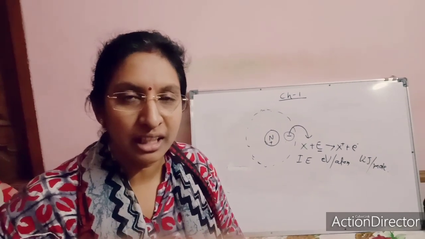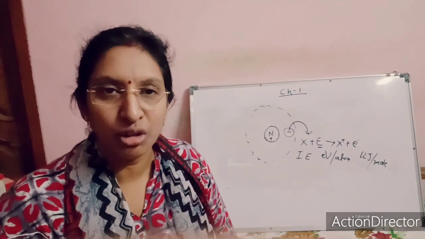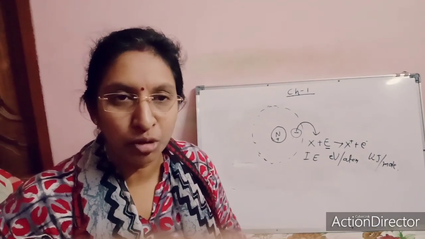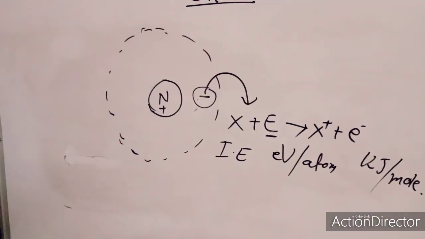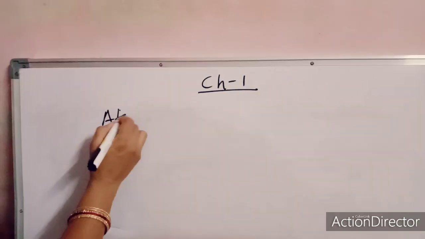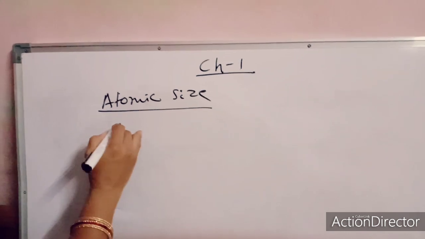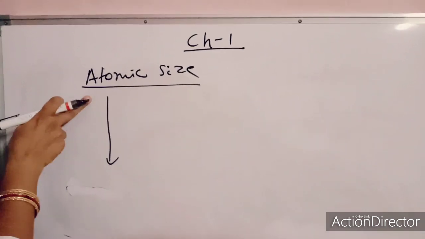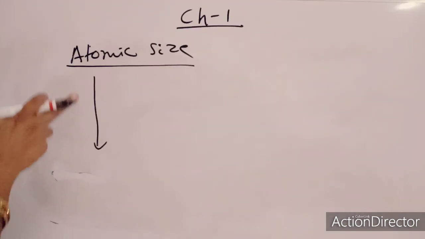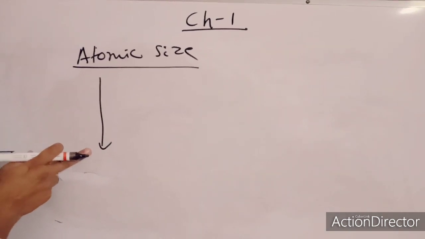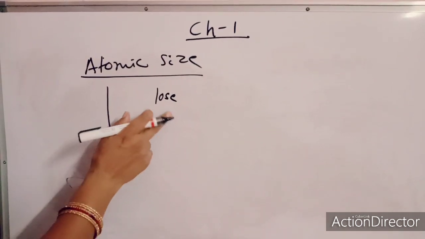So how are the trends? Again it depends upon the same two factors, atomic size and nuclear charge. Atomic size increases down a group, as we already discussed. So when atomic size increases, the tendency to lose an electron increases.